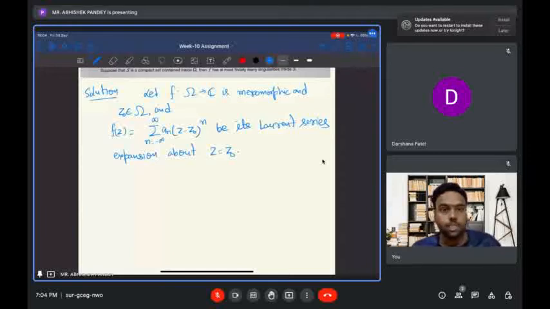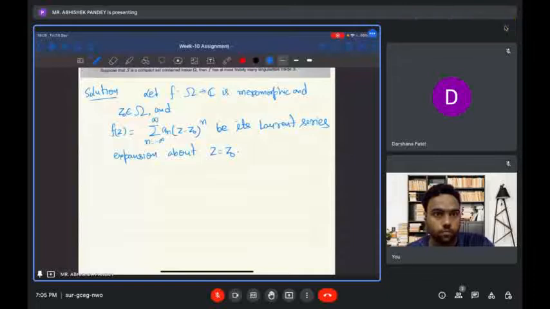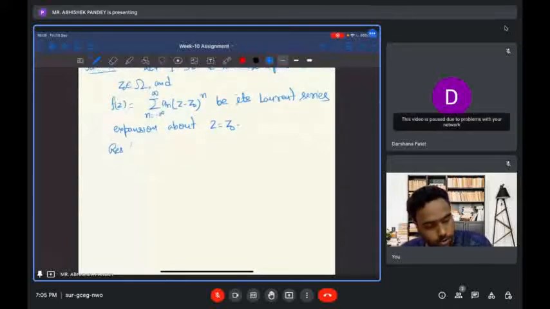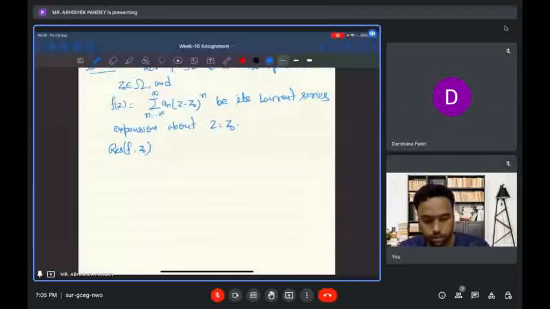So what is the residue? The residue of f at z naught is a minus 1, that is the coefficient of 1 upon z minus z naught.